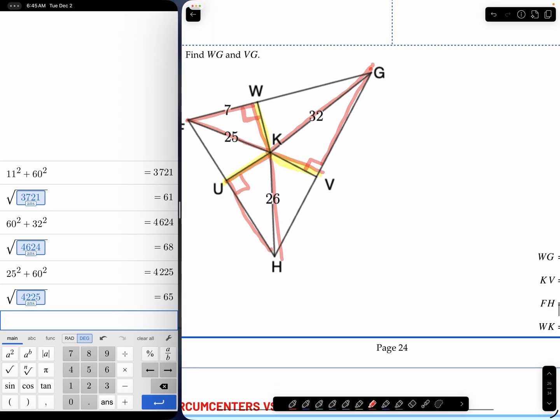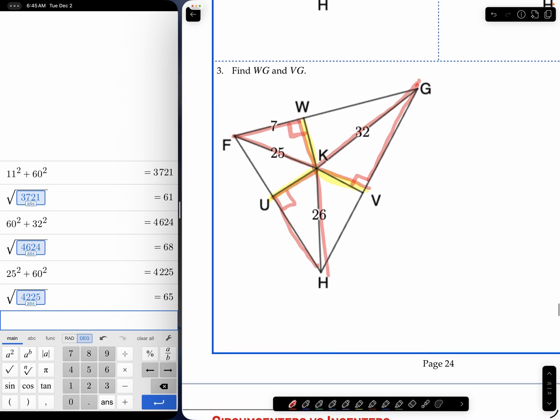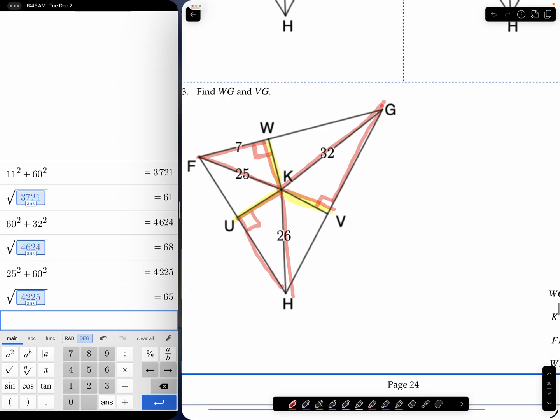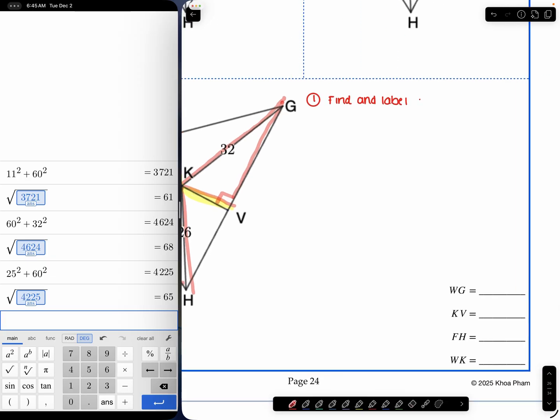The first objective in any of these questions is you're going to have to find the in radius. So number 1, we're going to find and label all in radii.